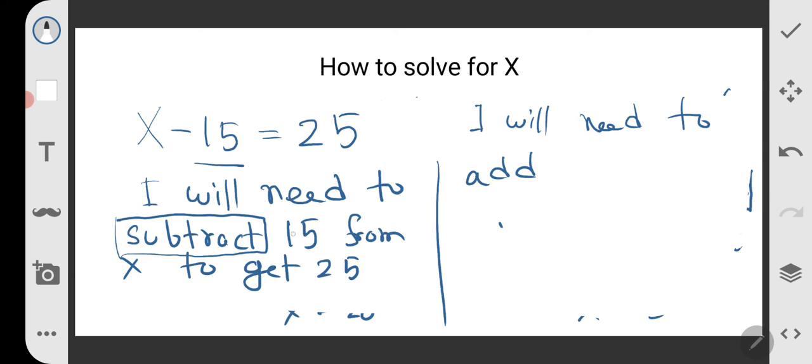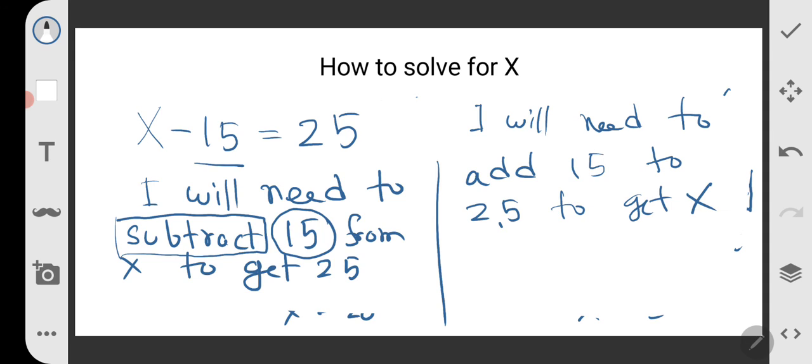So I'll need to add what? So we were subtracting 15, so we will add 15. So I'll need to add 15 to 25 to get x. So again, we are working backwards. So 25 plus 15 is equal to 40. So that means your x is 40.